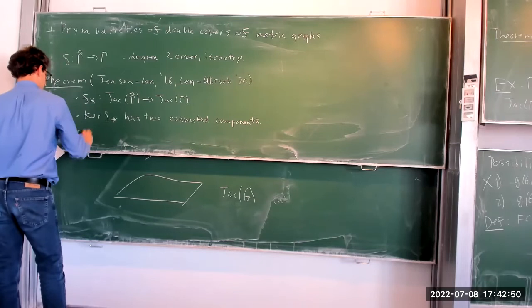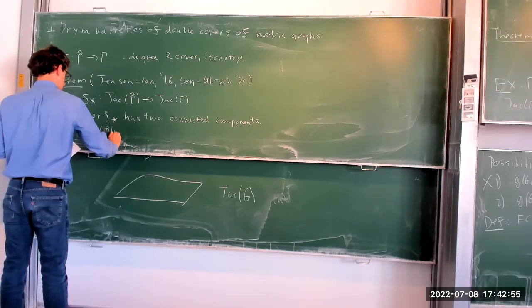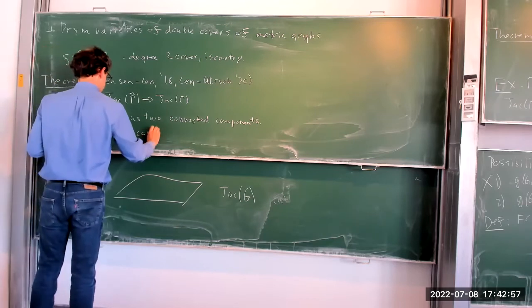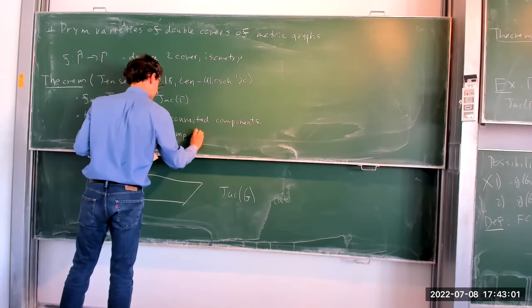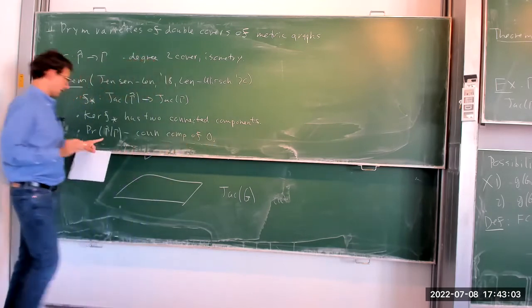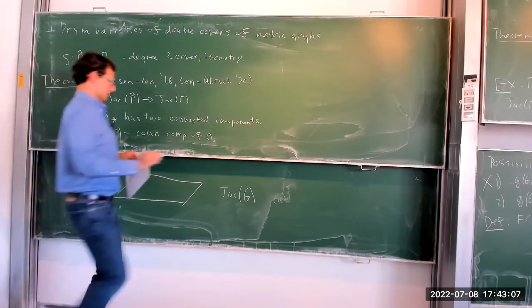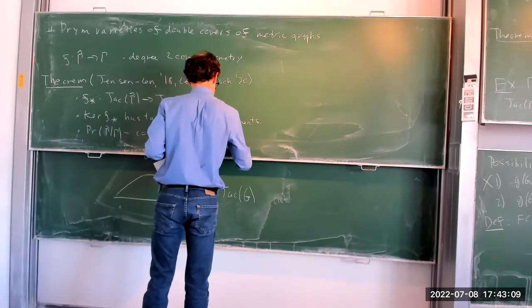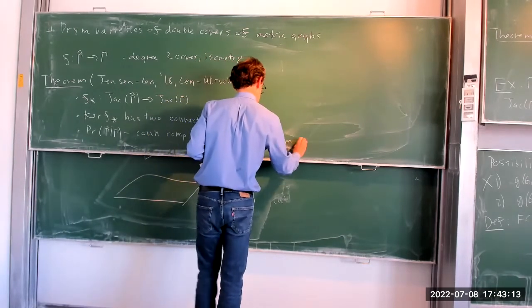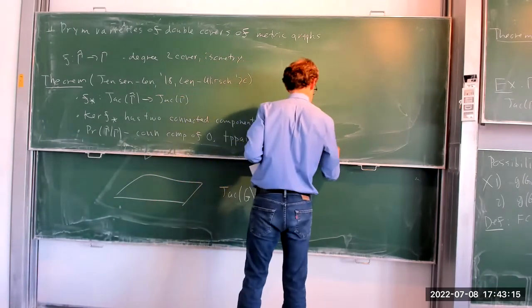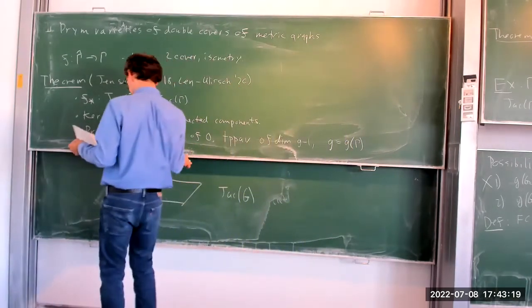So you can define the Prym variety of the double cover as the connected component of the identity. And this is a tropical principally polarized abelian variety, whatever this is, a TPPAV, of dimension g minus 1, where g is the genus of the target graph gamma.